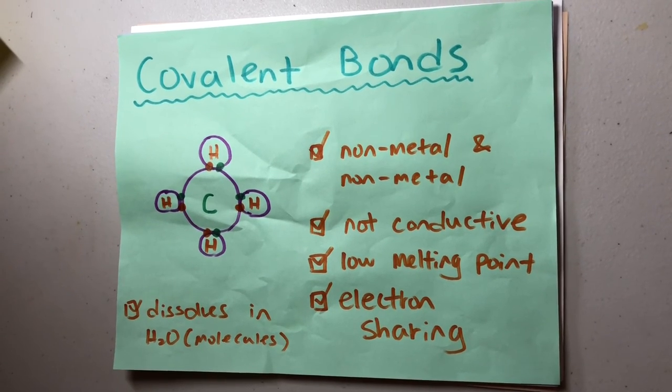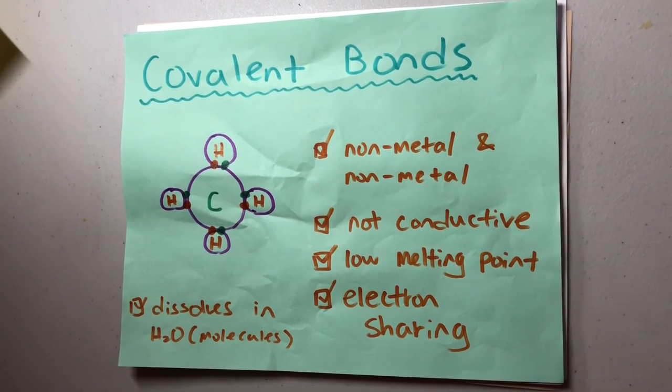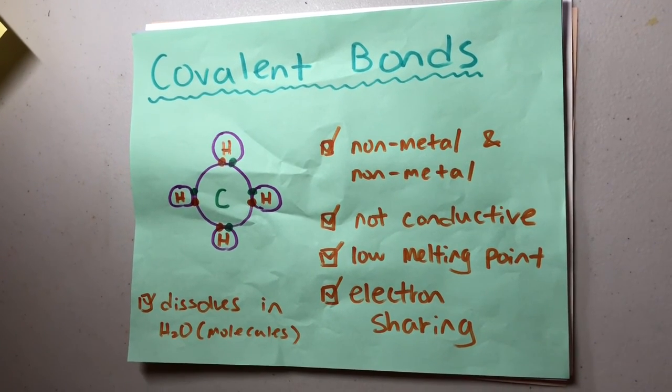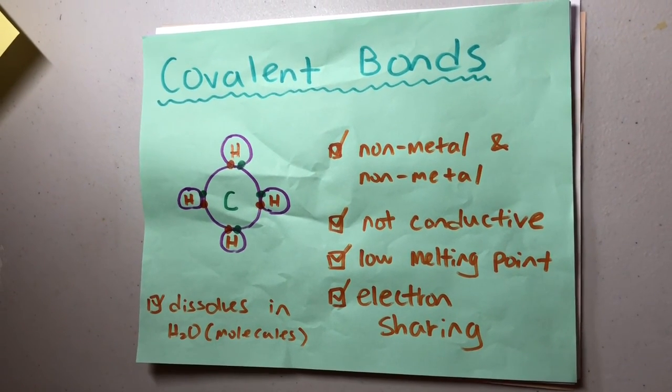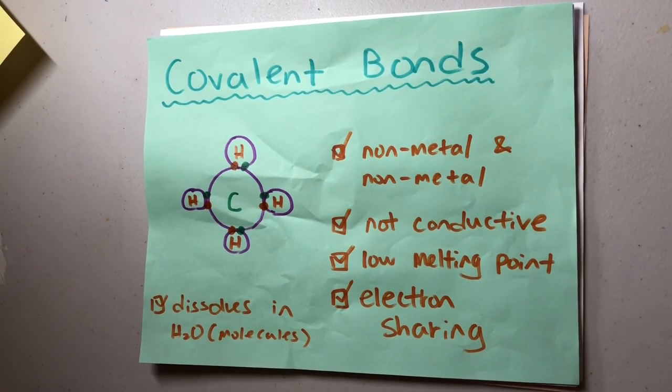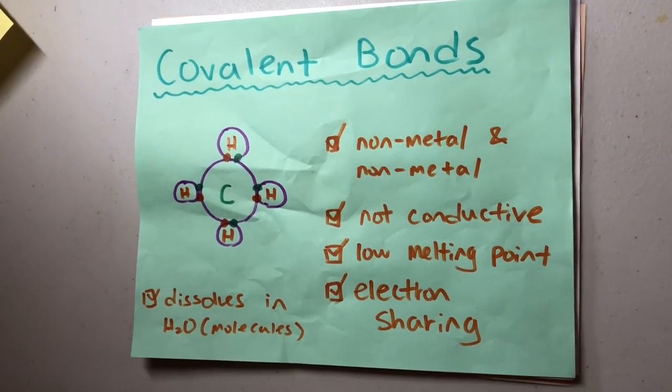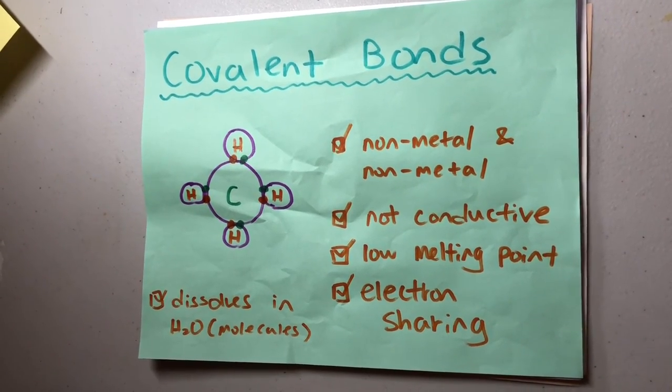Covalent bonding is between a nonmetal and a nonmetal. It is not conductive and has a pretty low melting point. In addition, it dissolves in H2O but is usually less soluble than ionic bonds. It is also not conductive even when it is dissolved in water.